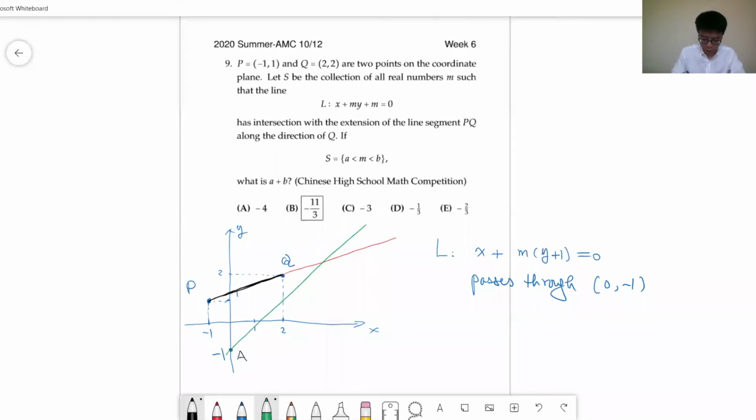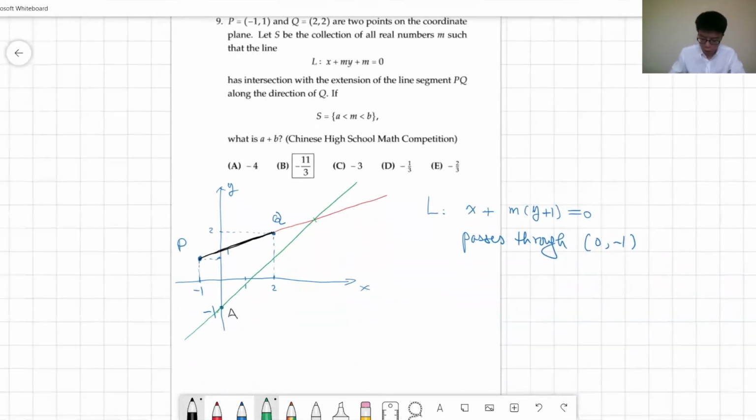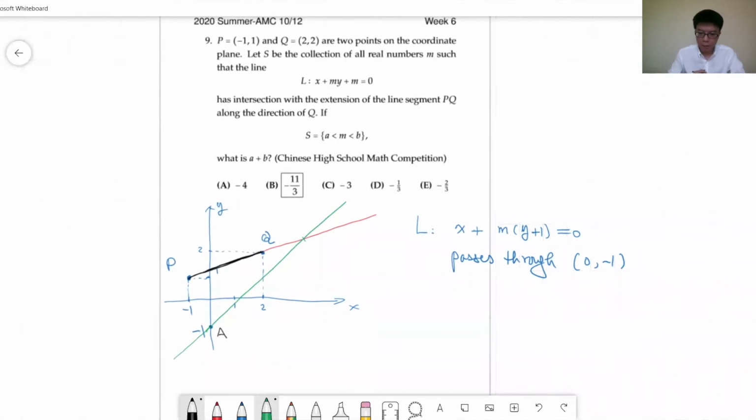Something like that. First we know that the number M cannot be 0. If M equals 0, the line is just x equals 0, no intersection. So M is not equal to 0.